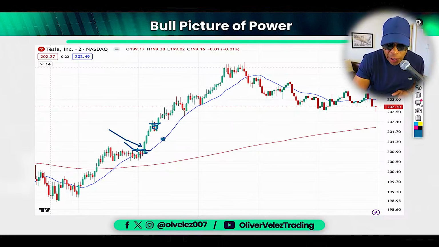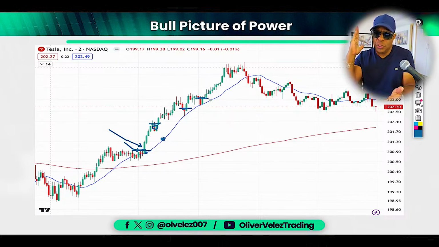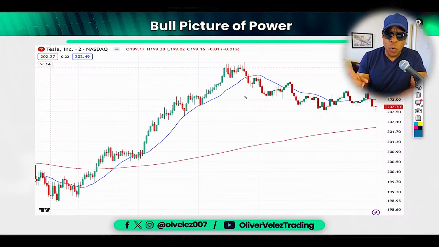But this one is a color change. Boom! This one is a color change near the 20. Green takes out red near the 20. Go. The only thing I will tell you about this, you're going to buy power bars off the 20.